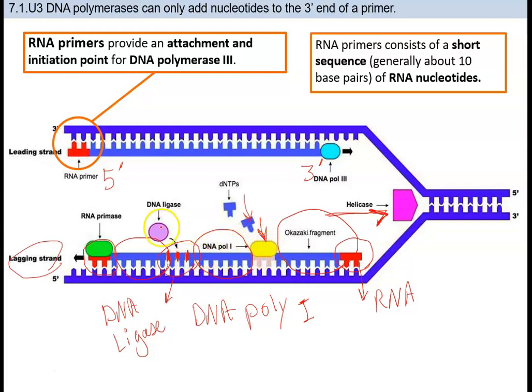Okay, and another enzyme which is here, RNA primase. RNA primase starts at the beginning, by adding RNA to the place which is the place for recognition, or the place for starting the replication. So RNA primase adds the primer, and then DNA polymerase 3 recognizes this primer and starts to add the DNA, the polynucleotides.